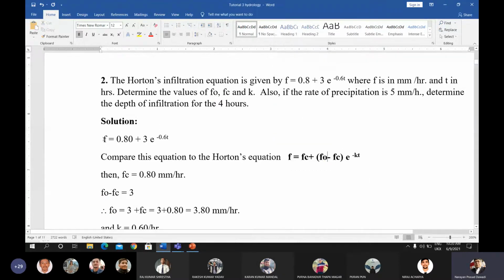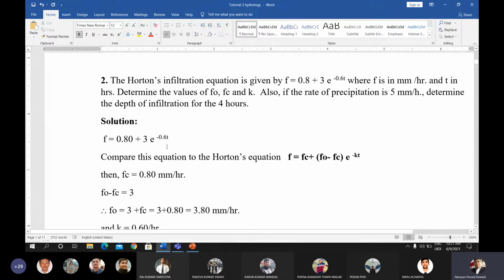If you compare the given equation with this basic equation of Horton, the value of fc will be 0.80, isn't it? Look at the equation.